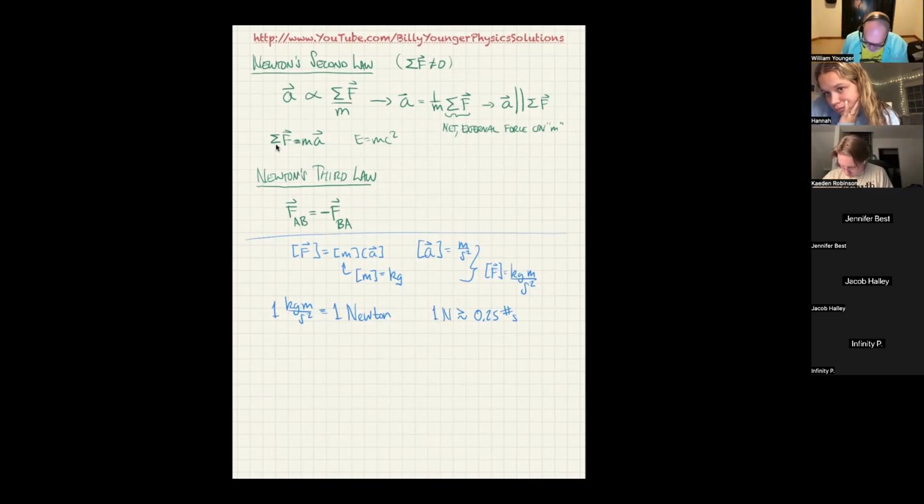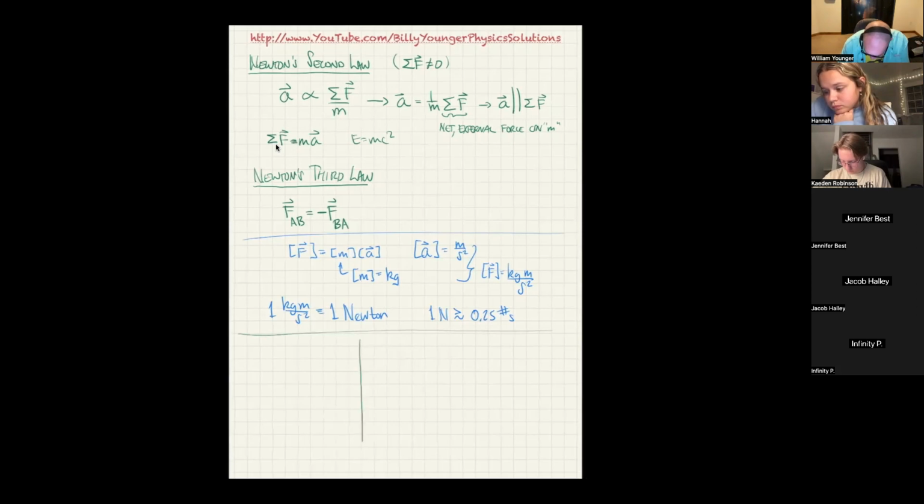So now let's imagine a scenario where we're going to solve a physics problem using Newton's second law. The physics problem is: I've got this tree and I've been driving a backhoe around and I've scared a big bear.